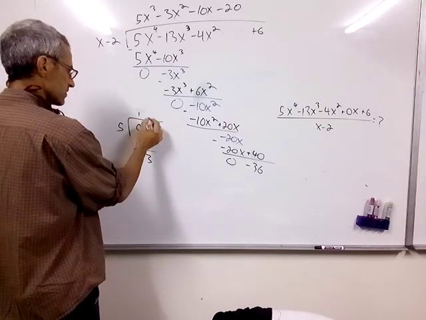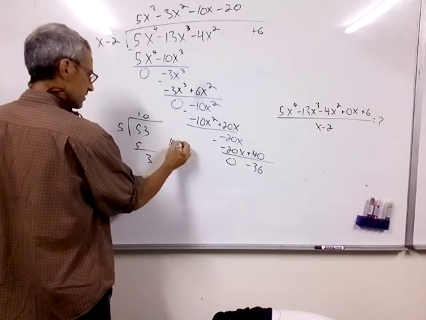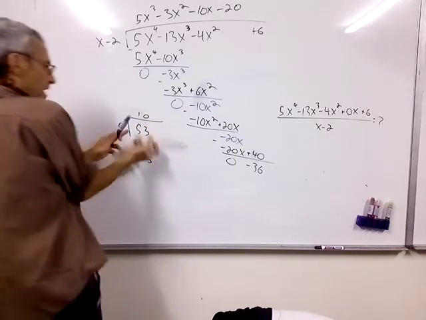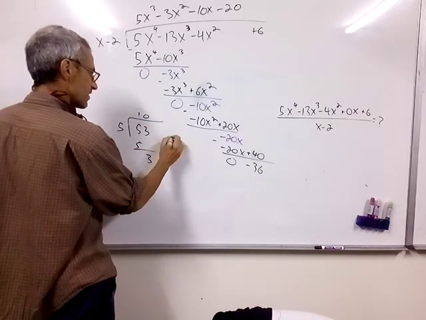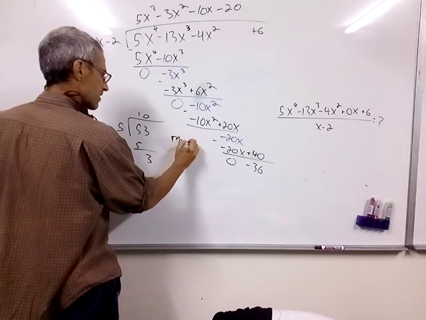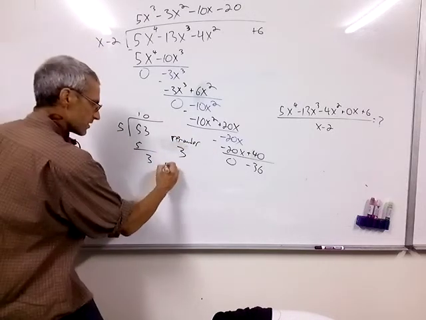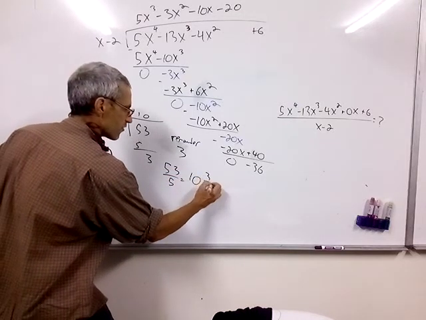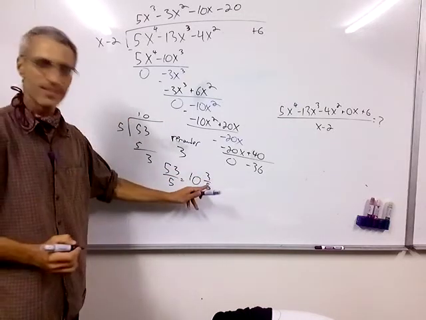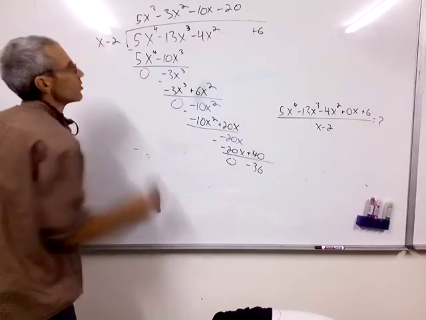So the answer is 10, and I can't really do anything else. I'll be honest, I forgot how to write it. 53 divided by 5 will be 10, and there's a remainder of 3, isn't it? Or you can write it as 10 and 3 over 5. That's the remainder. The same thing happens in polynomial long division.